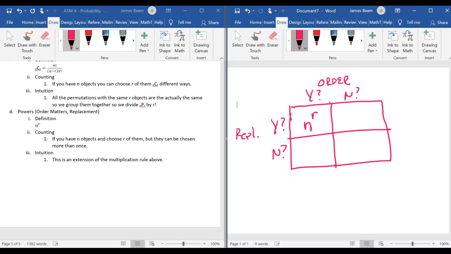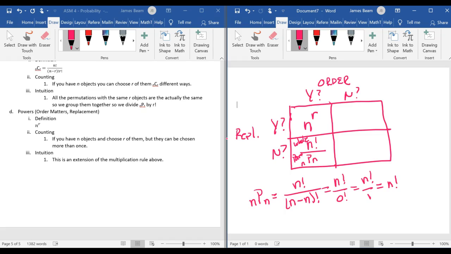All right. Order matters, but there's no replacement. So you get two answers here. N factorial is when you have the whole set, and nPr when you have part of the set. Now, here's the interesting fact. If you think about this, nPn would be n factorial over n minus n factorial, which is n factorial over 0 factorial, which remember we said earlier that 0 factorial is 1, so it just gives you n factorial.